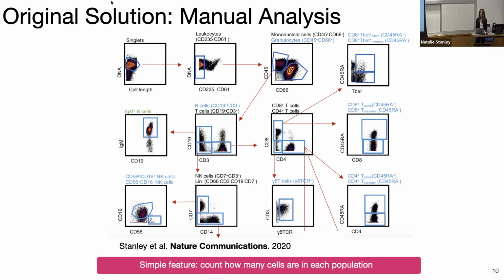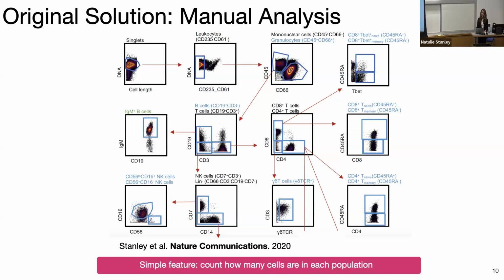So in the first couple of steps, you're getting rid of dead cells, and then you do your first projection on CD45 and CD66, where you get mononuclear cells and granulocytes, which are 2 very broad classes of cells. And then you can continue to split your mononuclear cells sequentially over and over again to get even more specialized subtypes of immune cells. A lot of immunologists do this on a daily basis, and some of you in the room may have done this before.